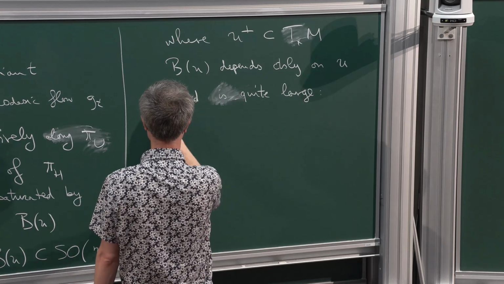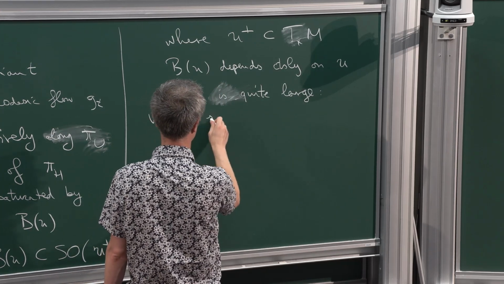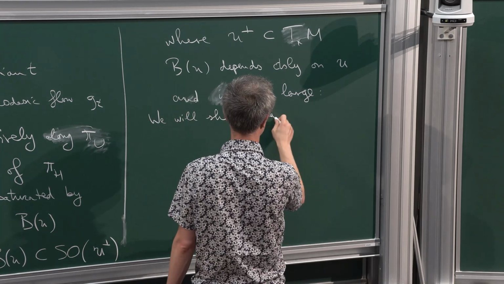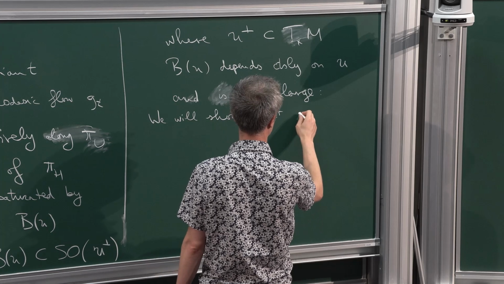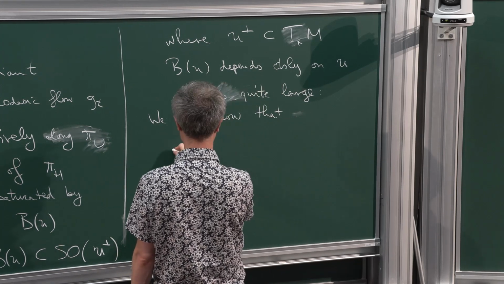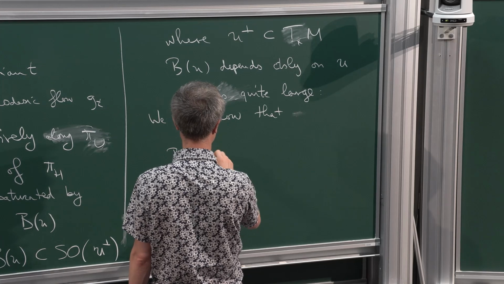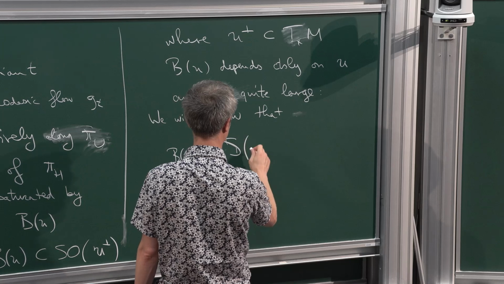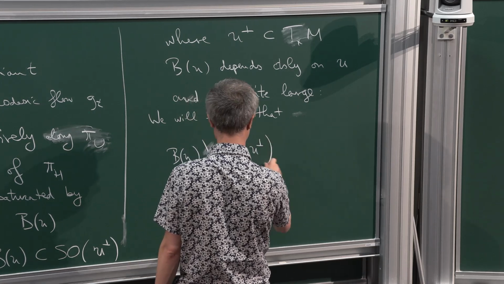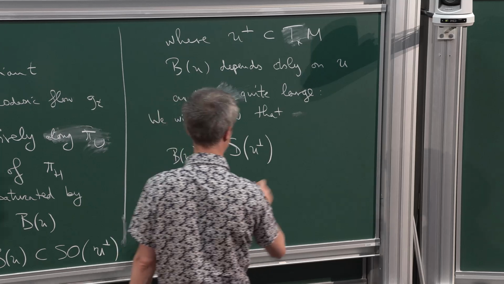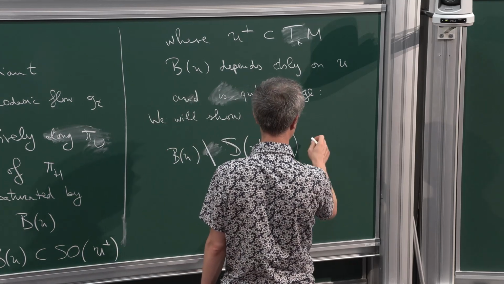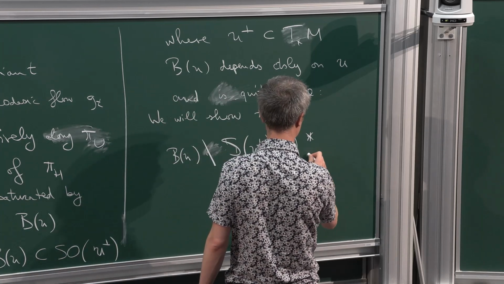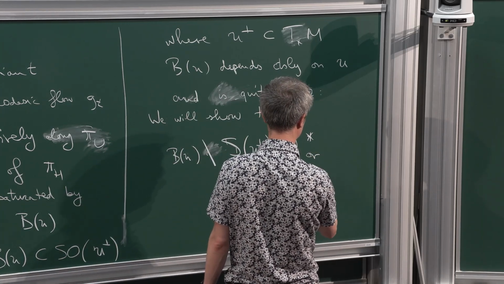So we will show that if I look at BU acting on the unit sphere of U perp, then there are two possibilities. Either it's a point, in other words the action is transitive, or it is an interval.